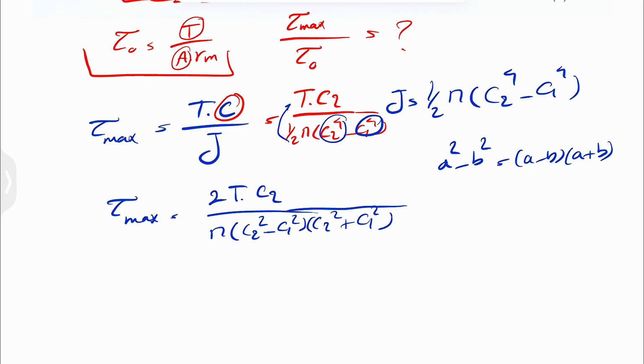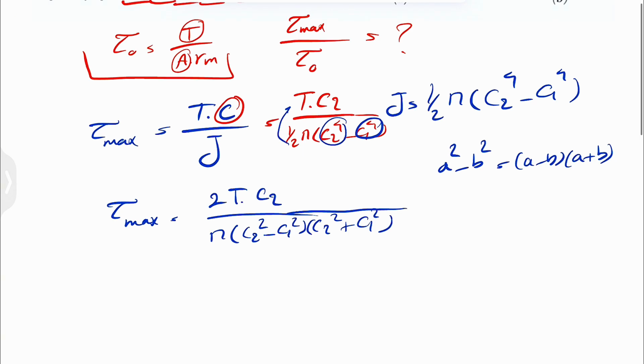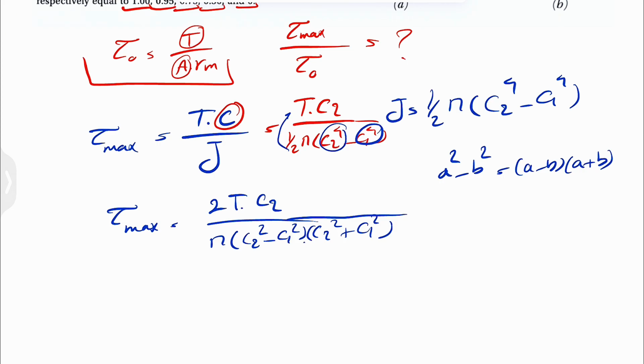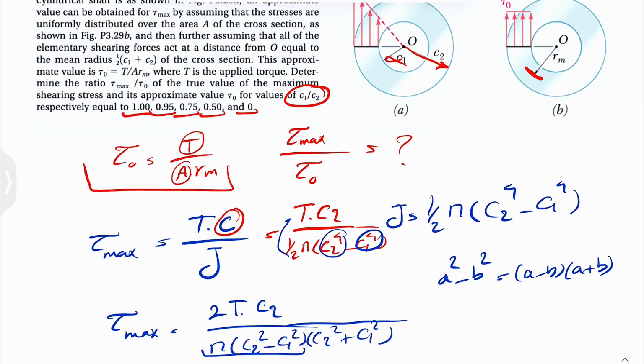So everything's the same. We're just trying to simplify this a little bit more. Looking at this part, we can see that it is actually the area of the cross section. We know the area of a circle is pi r squared, where C here is our radius.